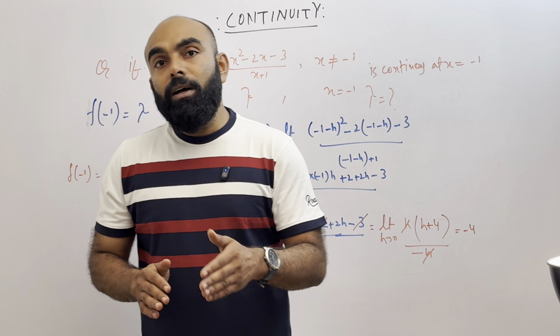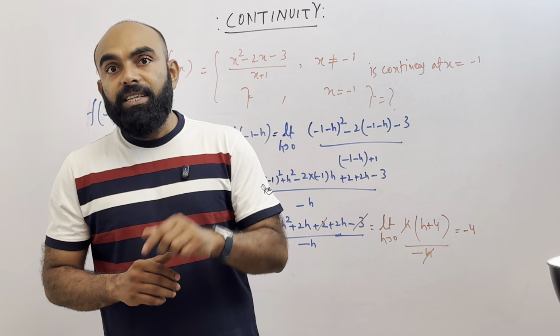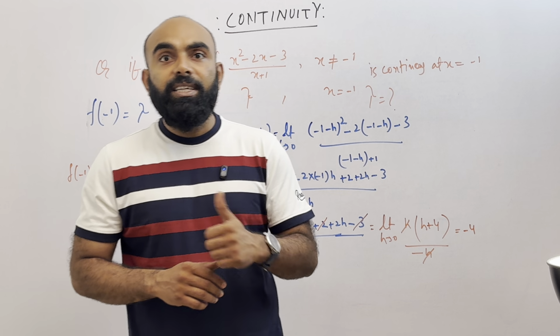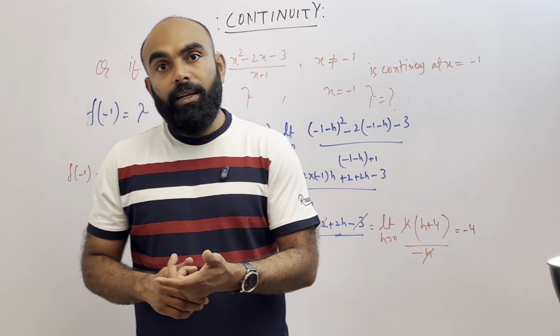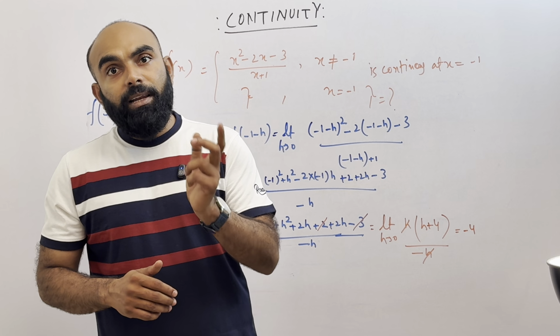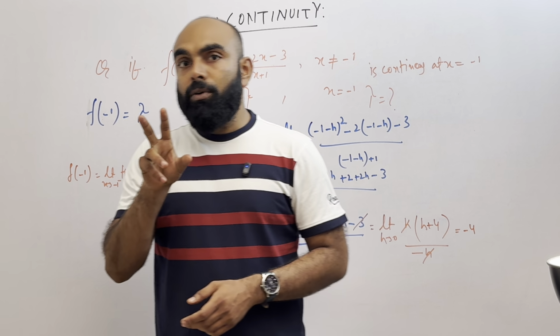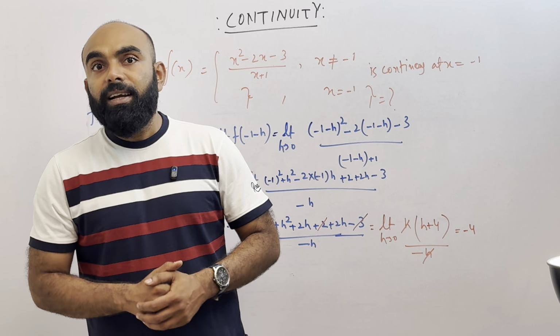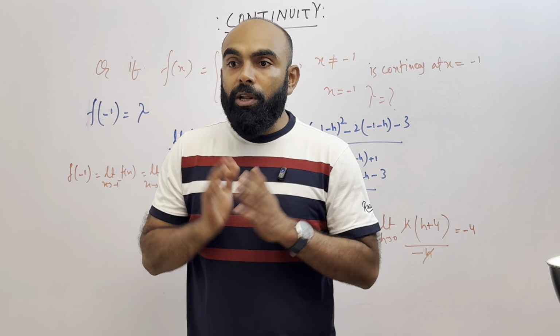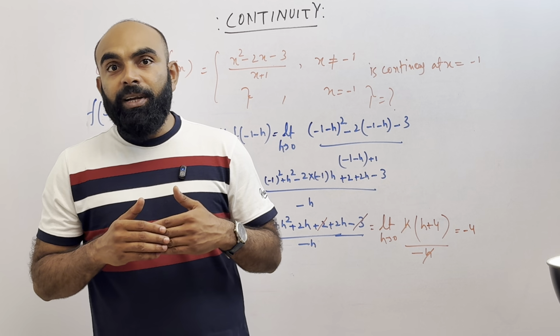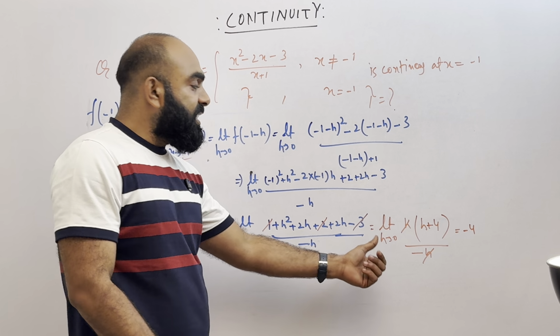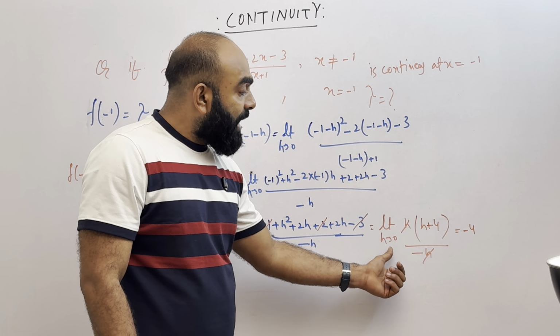Then we have discussed the limit x tends to 0, sine x by x, value is 1. Tan x by x when limit x tends to 0, value is 1. These two are very important, which we have utilized in the continuity chapter. Then one more important thing I told you: if in the denominator, let's say limit h tends to 0 is there, why am I keeping directly h as 0?